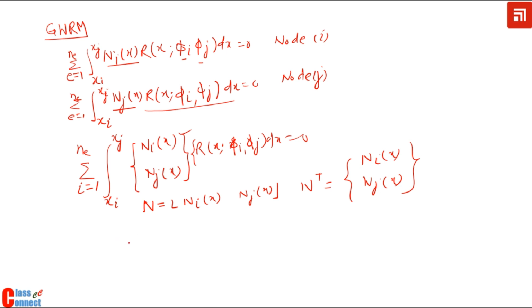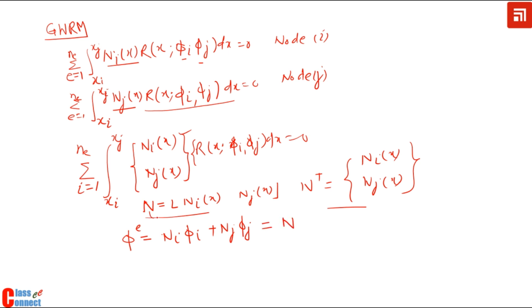So it means with these simplifications, we can write this phi for the element as Ni phi i plus Nj phi j. That is our basic interpolation function that we have started with for approximating the field variable, and this I can write as N phi.